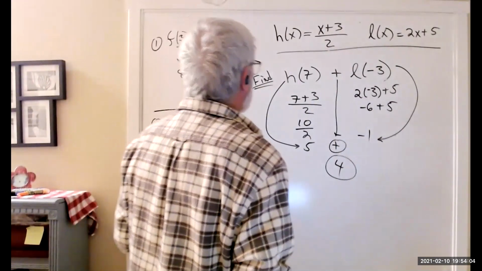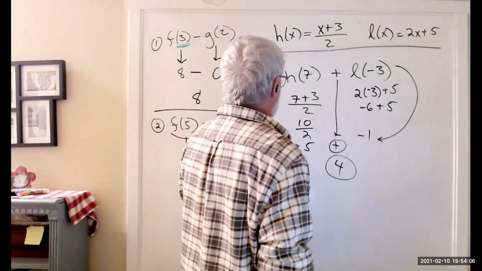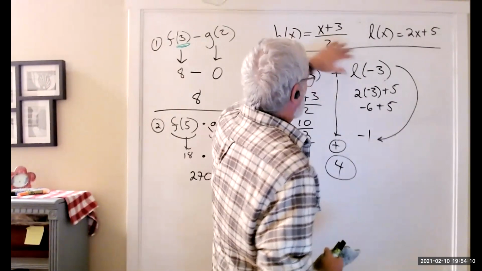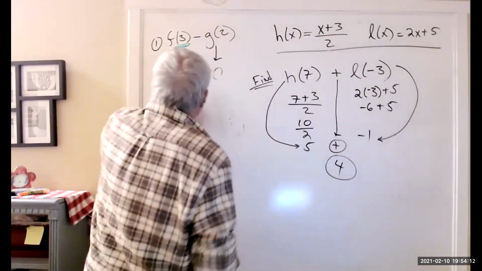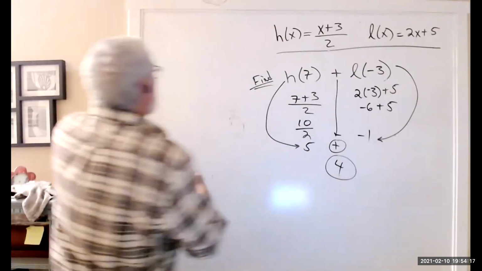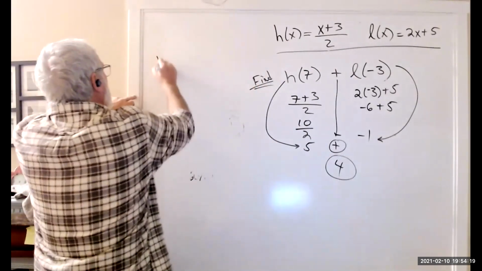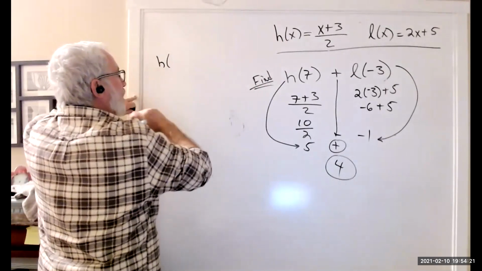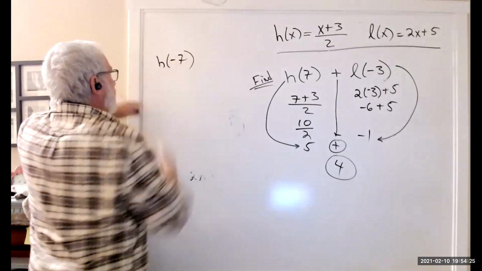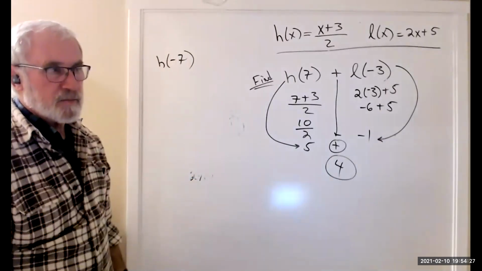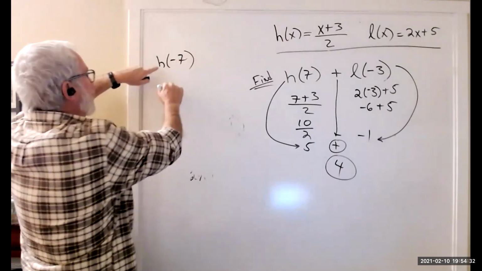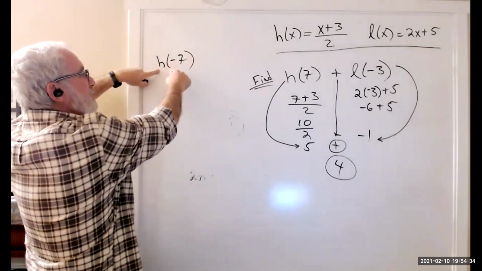Usually, you write it. Let's assume that I just asked you to find one problem: find h of negative 7. You say this says, look at the h function, plug in negative 7.